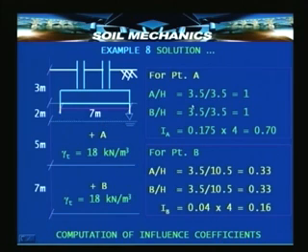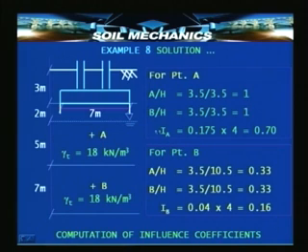Now, for point A, if we want to calculate the influence coefficient, we will calculate A upon H, where A stands for half the width of the foundation and H stands for the depth at which we want the influence value. In this case A upon H will be 3.5 by 3.5, since point A is also at a depth of 3.5 meters, equal to 1.